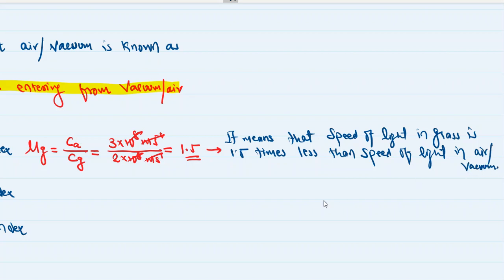Speed of light in glass is 1.5 times less than speed of light in air or vacuum. मतलब जब ray of light एयर से या वैक्यूम से ग्लास में एंटर करती है तो उसकी स्पीड 1.5 टाइम्स कम हो जाती है.